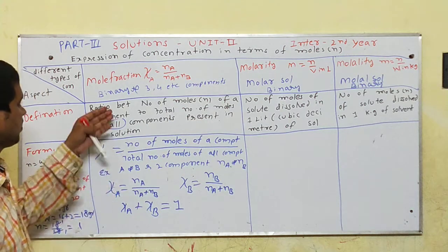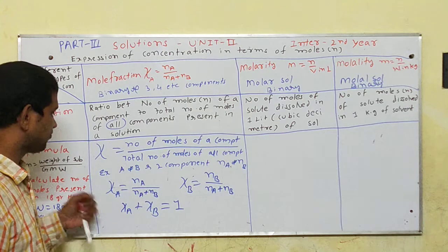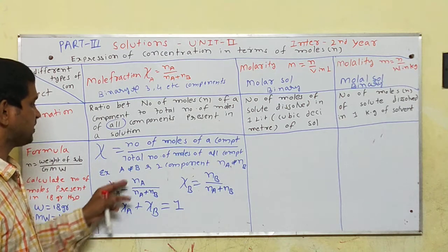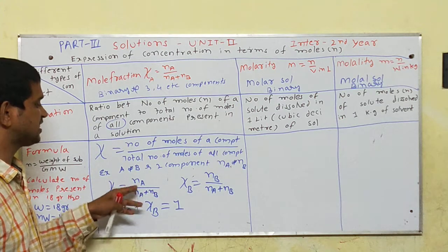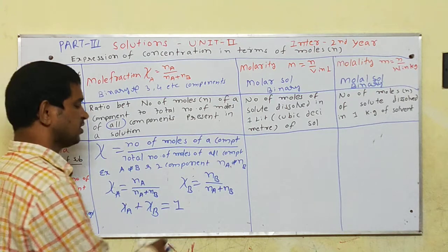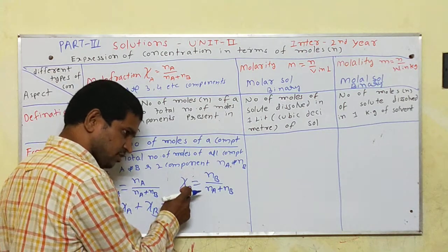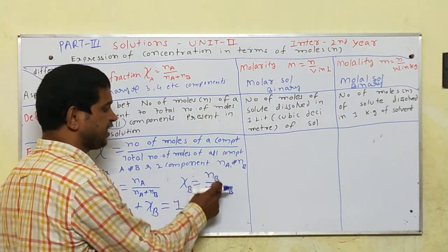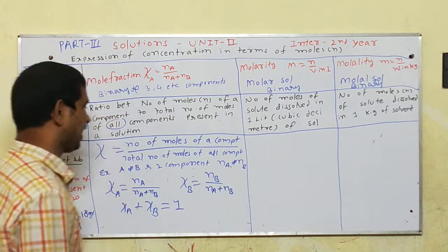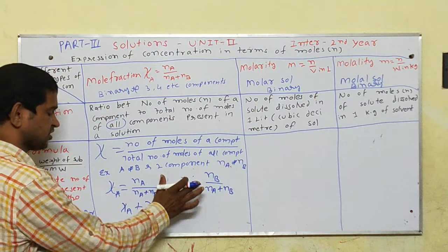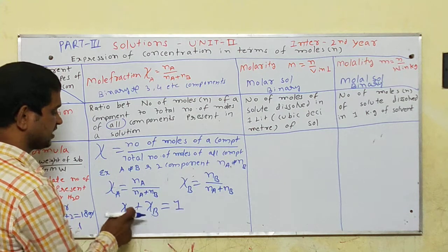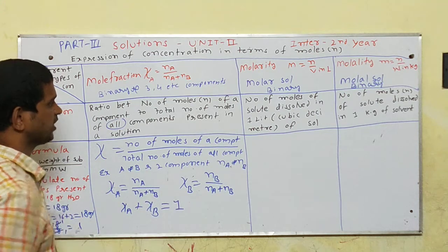As per the formula, mole fraction of A component is Na by Na plus Nb, and that of B component is Nb by Na plus Nb, and the two mole fractions add up to 1, that is Xa plus Xb equals 1.